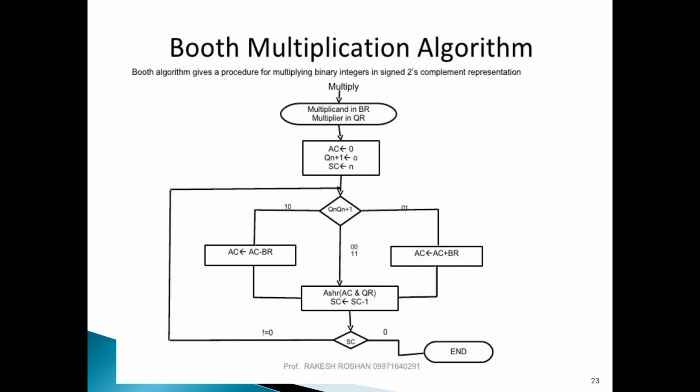Every time we check QN comma QN plus 1. In Booth's algorithm there are three conditions. If you observe the recorded table, if it is 0 0, the output is 0.